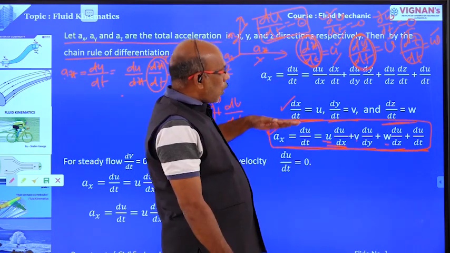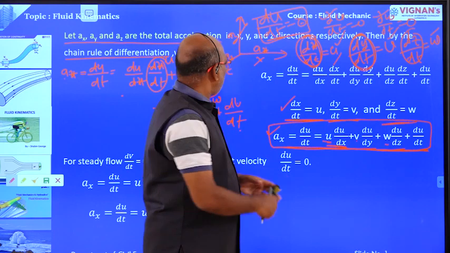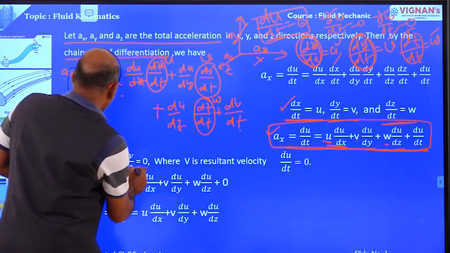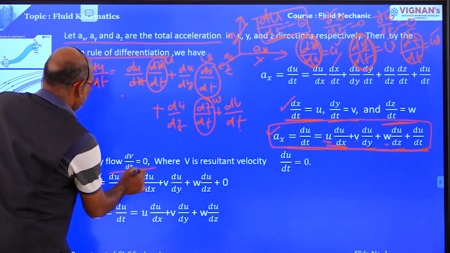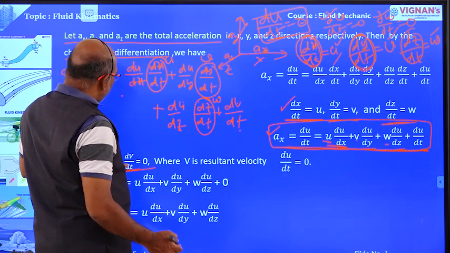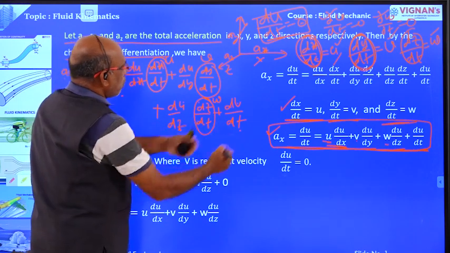Now here the flow is in the x direction. Therefore if the flow is steady, the resultant dv by dt is equal to 0, and automatically du by dt is equal to 0.